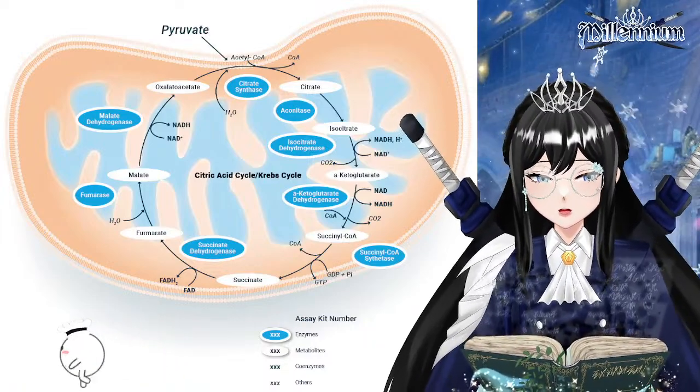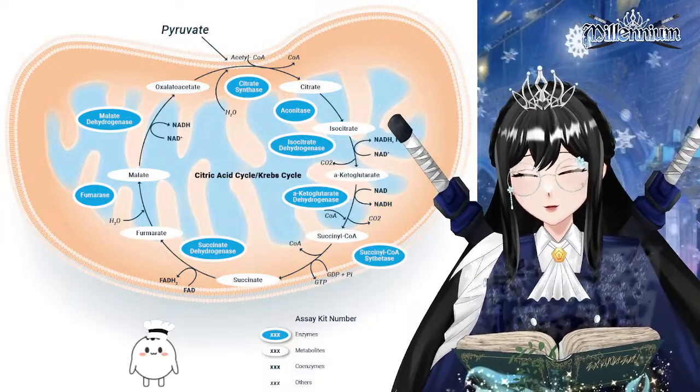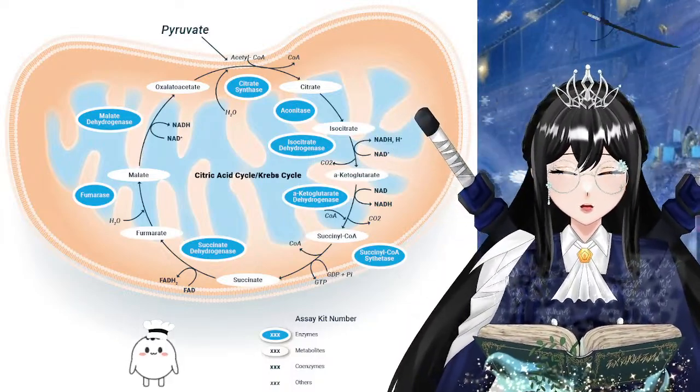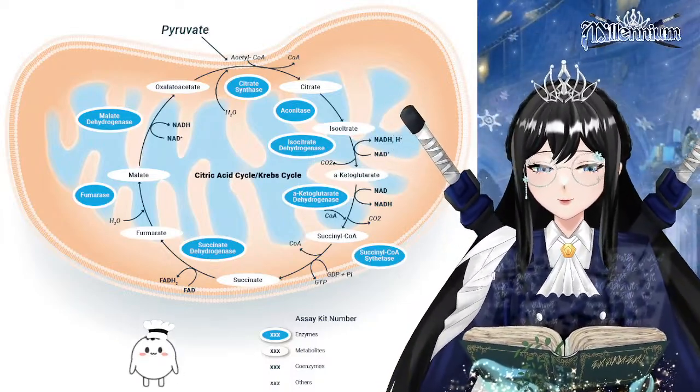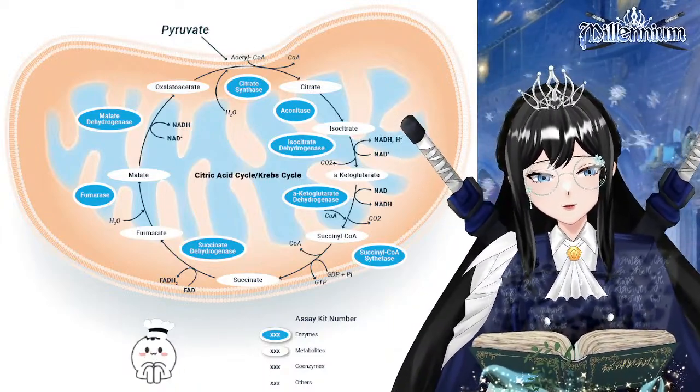And in the first turn, you would see that the labeled methyl carbon is incorporated into the citrate, which will become one of the two CH2COO minus groups.